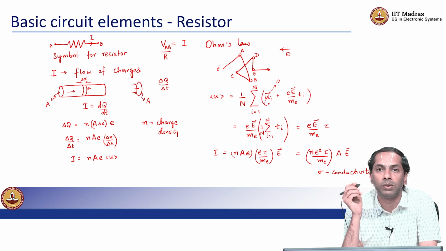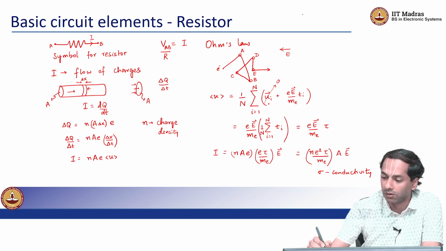You may have also been introduced to another term called resistivity, which is the reciprocal of conductivity. So, resistivity rho is 1 over sigma.